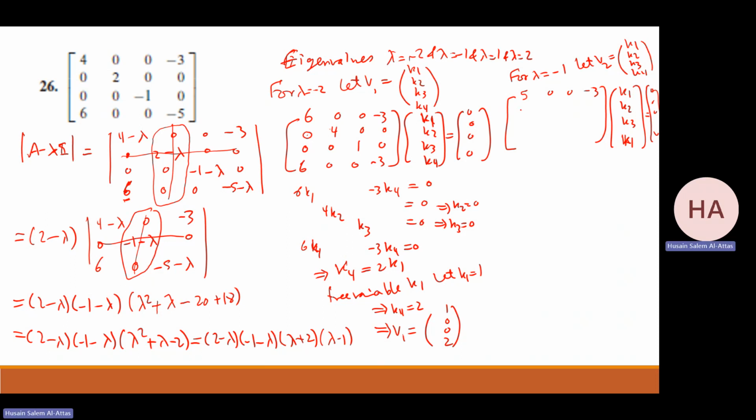Okay, 0, 3, 0, 0, 0, 0, minus 1, minus 1, that will be 0, 0.